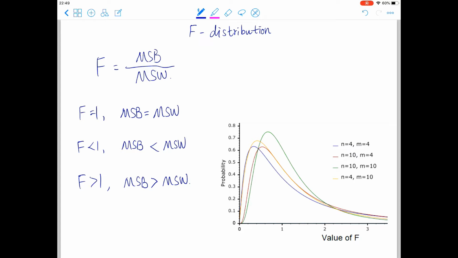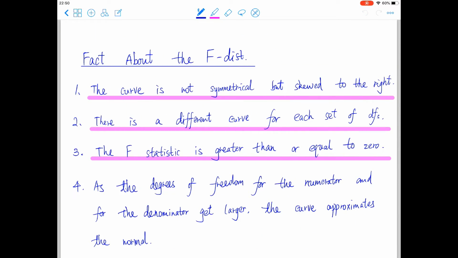And you can see that there are different curves here, since the ratio may change and the degrees of freedom of the numerator and denominator are different, so we may get different results. So we can take a look at this F distribution. Okay, then here are the facts about the F distribution.